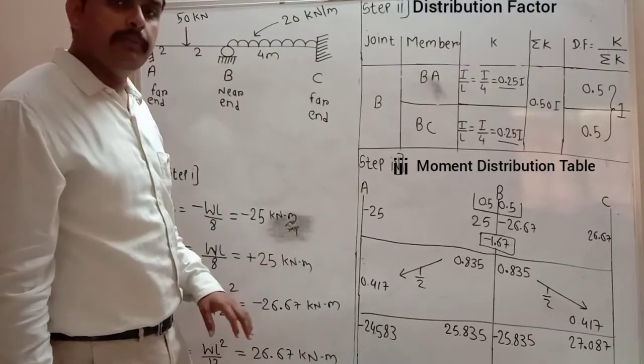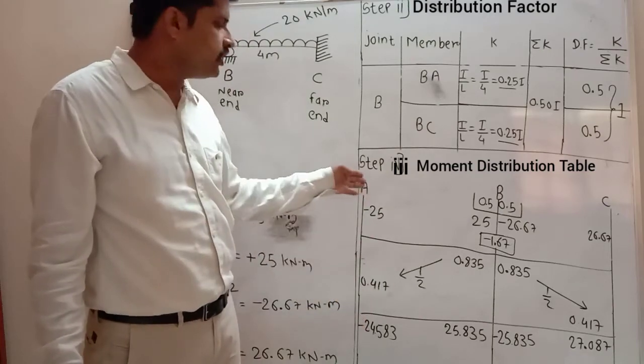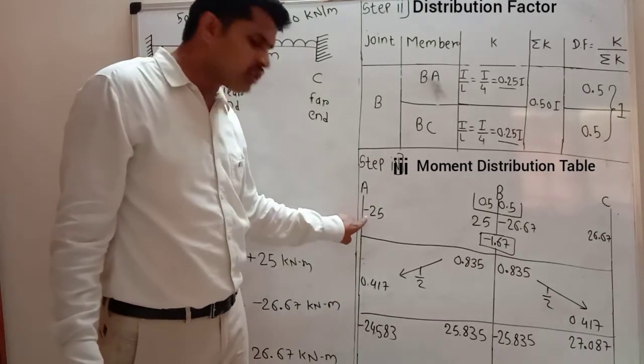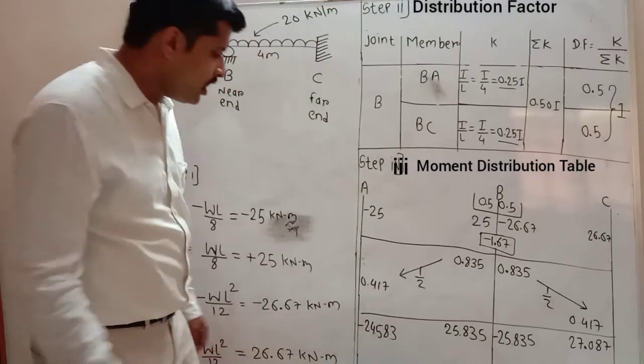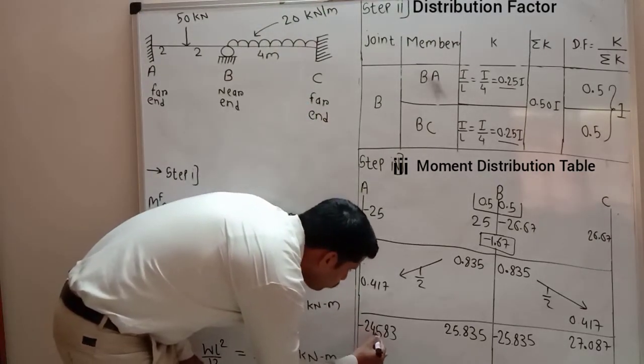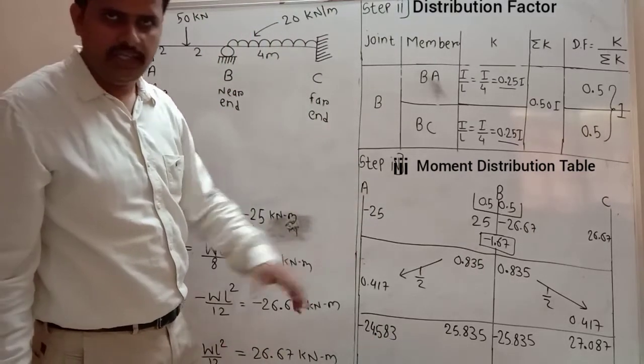Our next step will be to add all the moments below the joint A. So, minus 25 plus 0.417 will become minus 24.583.